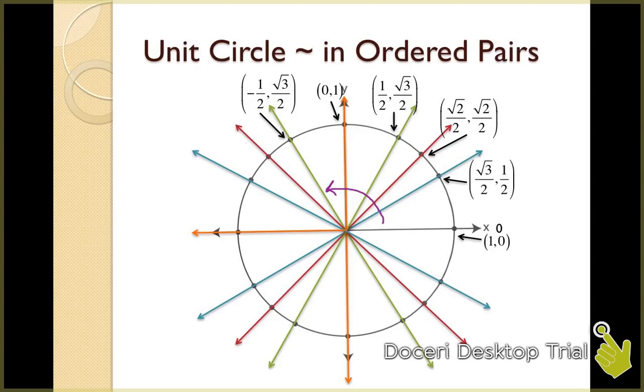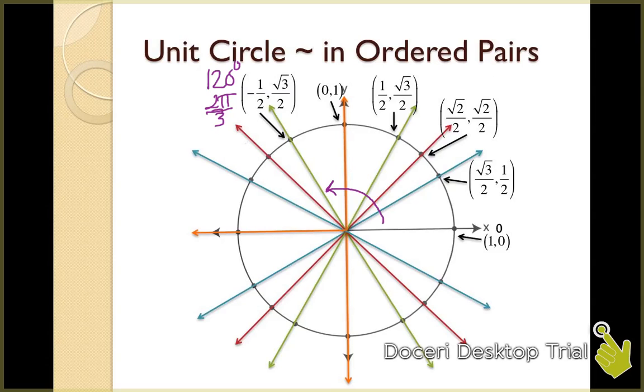So this is a 120-degree angle, which is the same as a 2 pi over 3 radian angle.